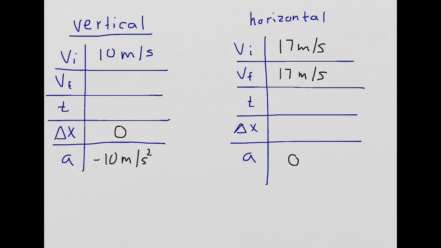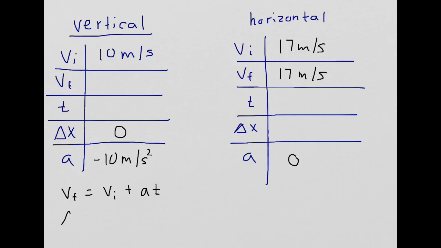Okay. So we also know from previous lessons that final velocity equals initial velocity plus acceleration times time.